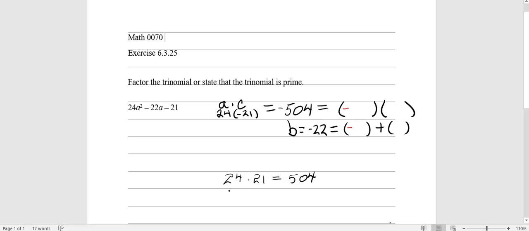So I know 12 is a factor of 24. So any number that divides into a factor of 504 is going to also divide into 504. So let's divide 504 by 12, and we get 42.